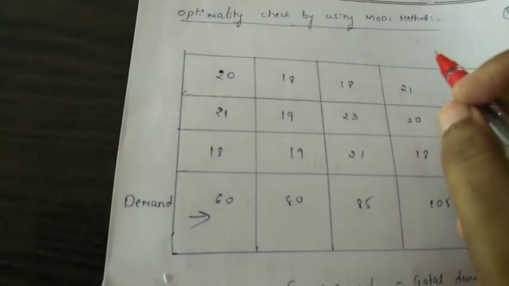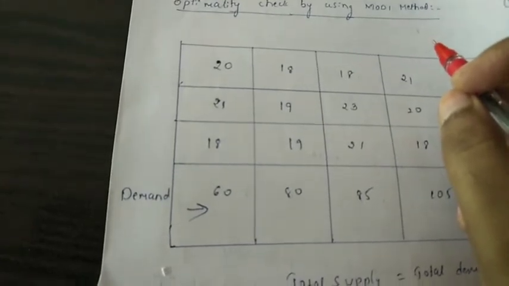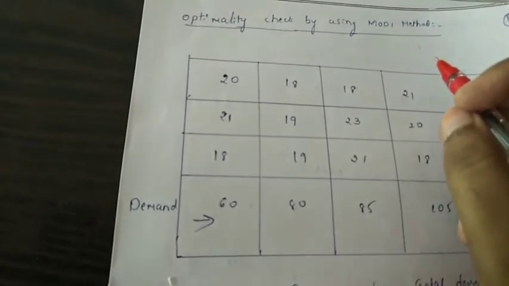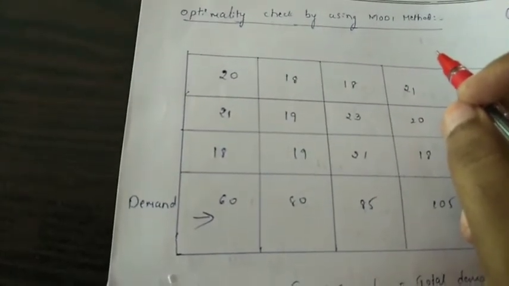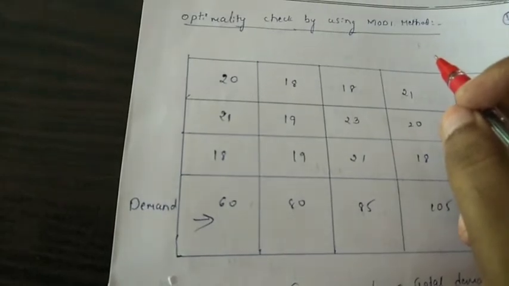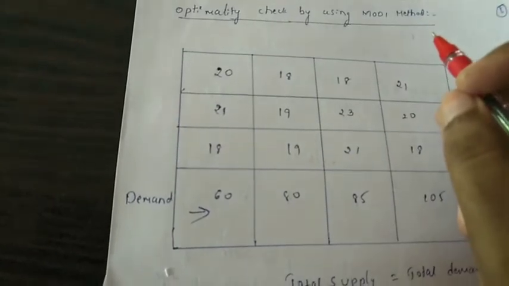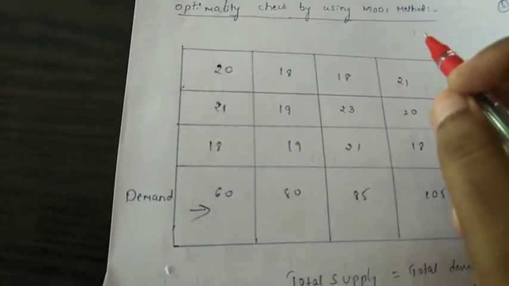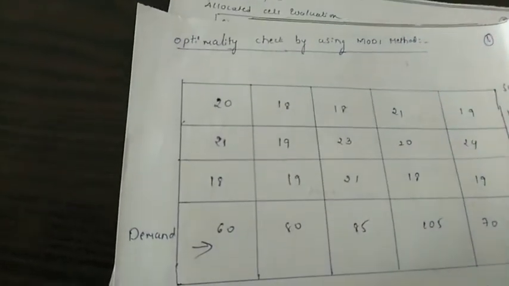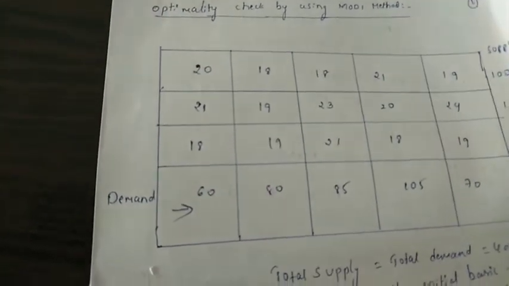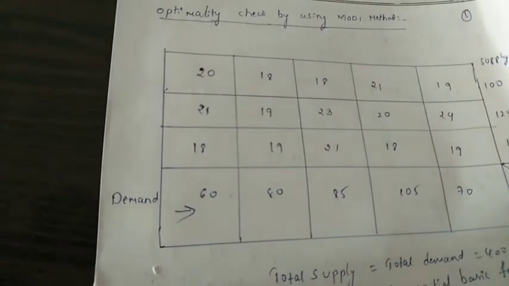If the problem has not mentioned any method like the northwest corner method, least cost method, or Vogel's approximation, we can take any one of the methods to find the initial basic feasible solution. If a method is mentioned, you take that method first. Here in this problem I will take Vogel's approximation method for the initial basic feasible solution.